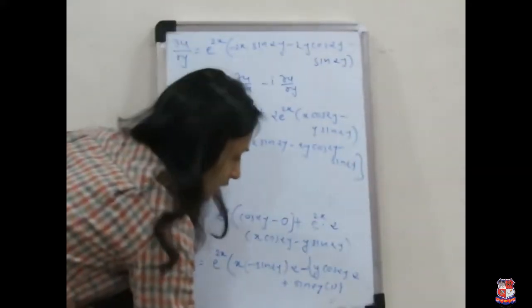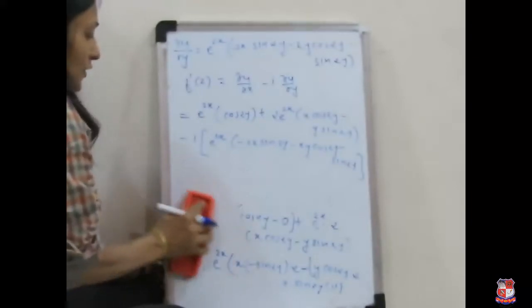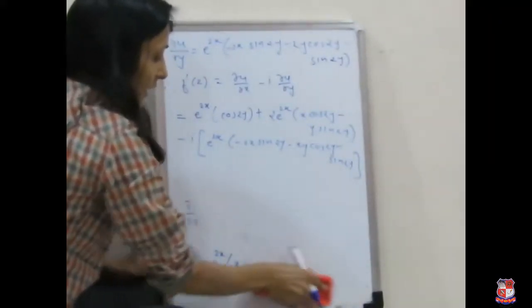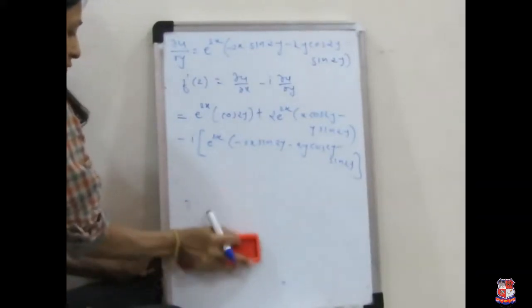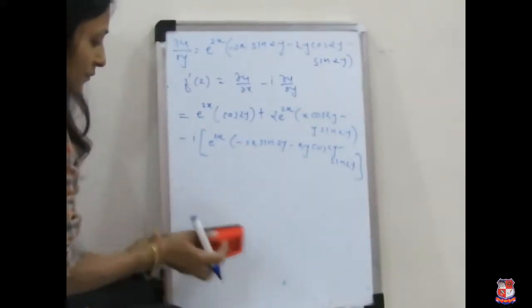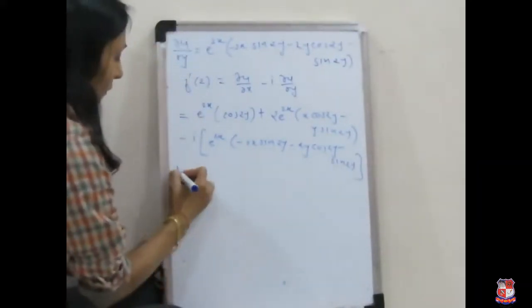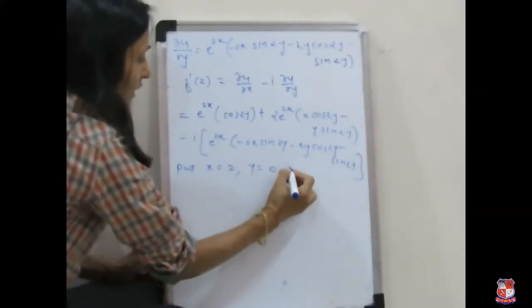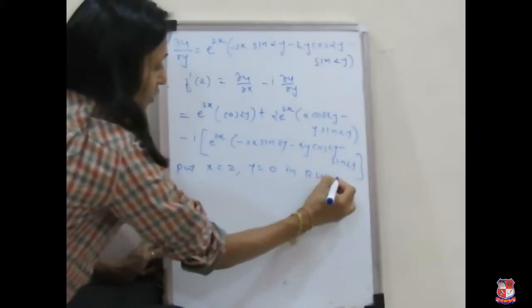Now the second step when the real part is given. What is our second step? Put x is equal to z, y is equal to 0 in the RHS only.